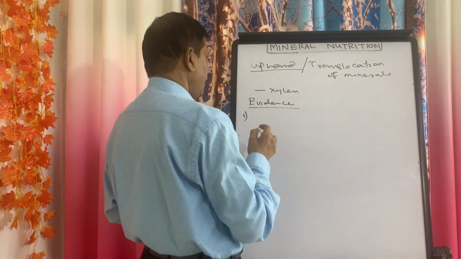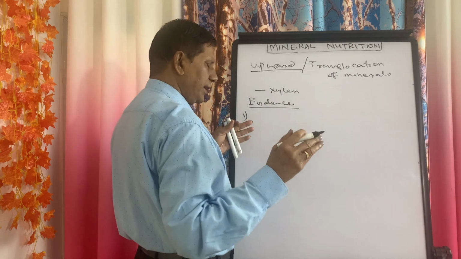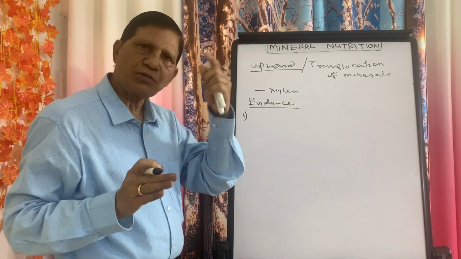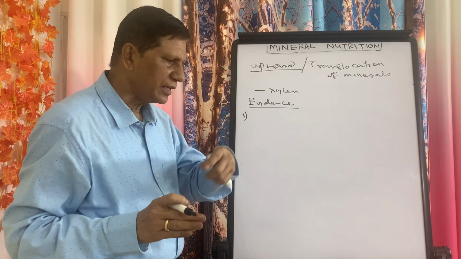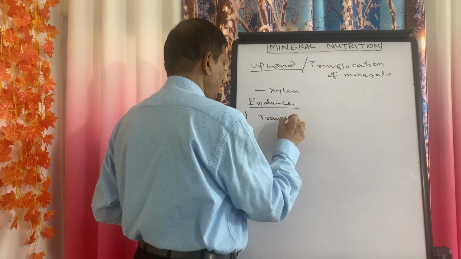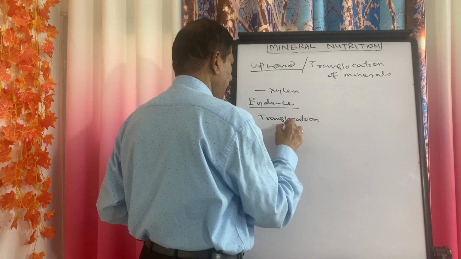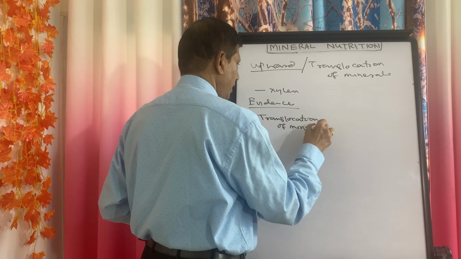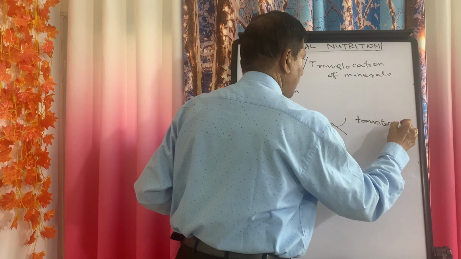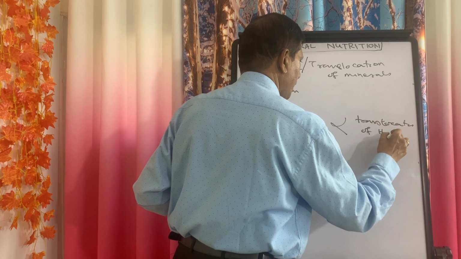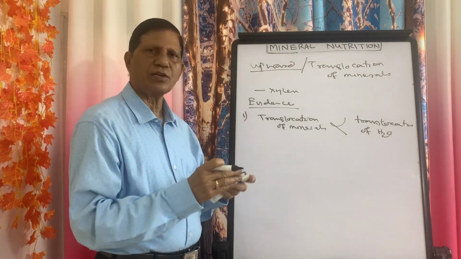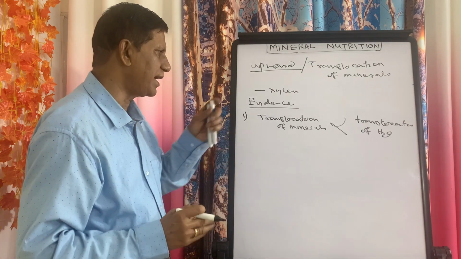Number one, a particular ratio is maintained between the translocation of minerals and the translocation of water. Both correspond to each other. That clearly proves that the minerals also move along with the water stream in the xylem.